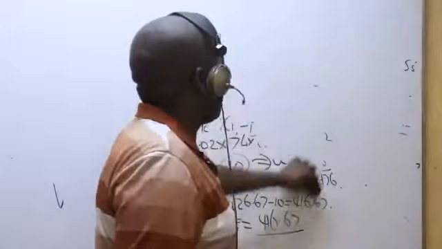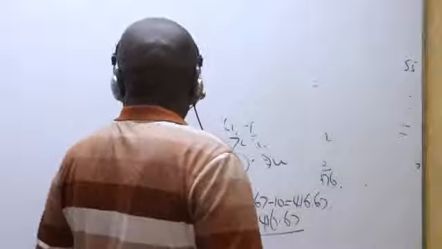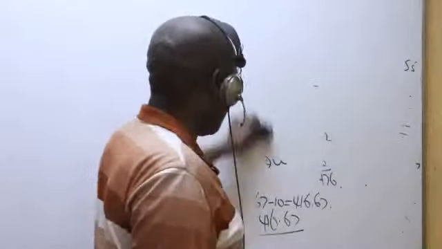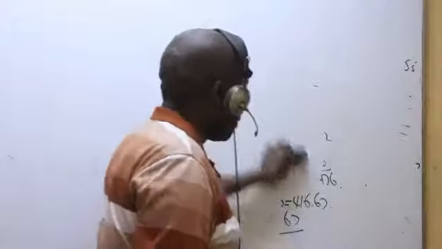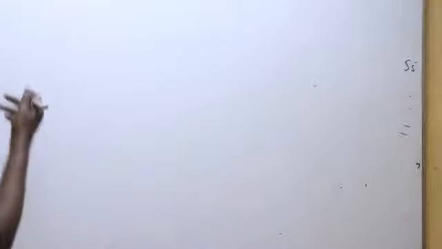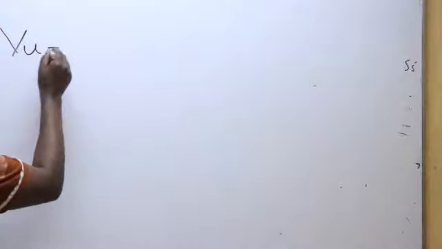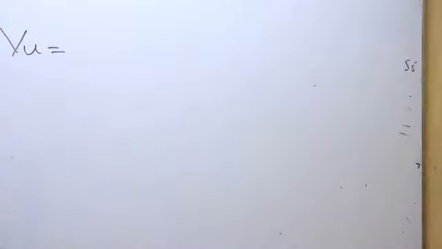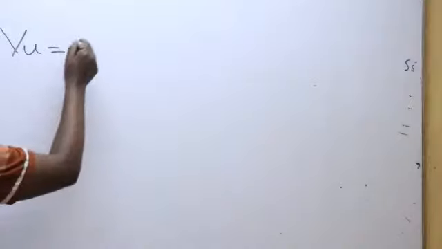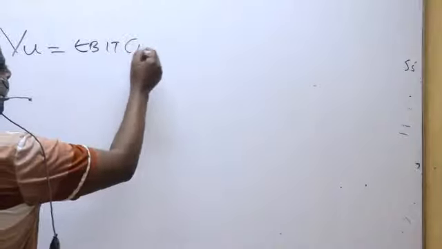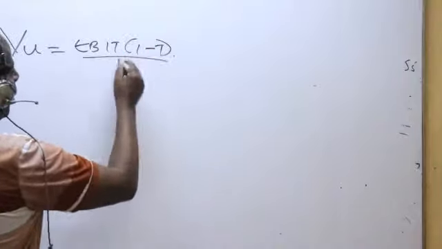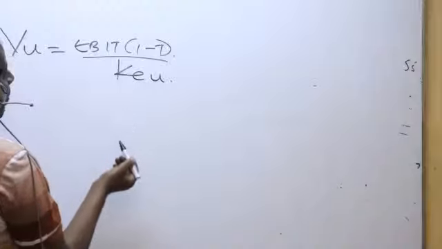So now, ladies and gentlemen, I don't even know why this examiner was leading. A good examiner should never lead students. You need to leave these students to struggle by themselves. They should know that we shall always begin by giving the value of unlevered firm, which in this case will be equal to EBIT into 1 minus tax, all over cost of equity of unlevered firm.